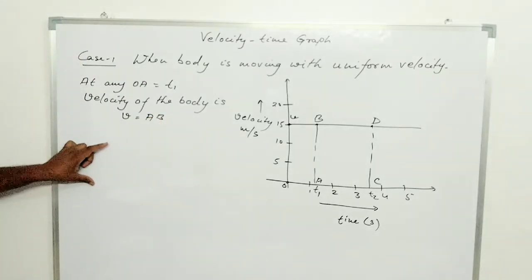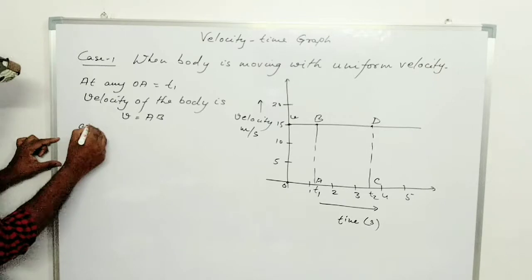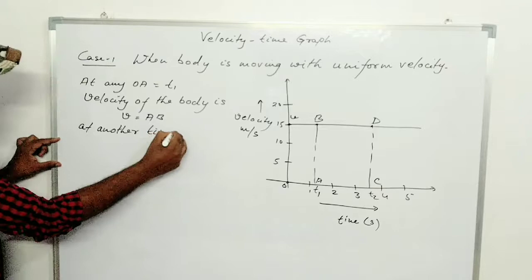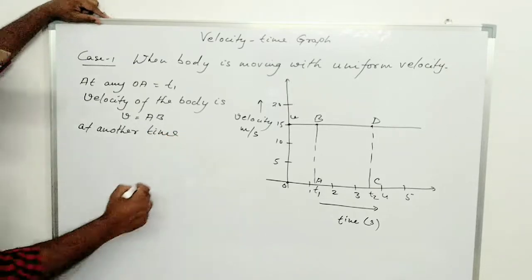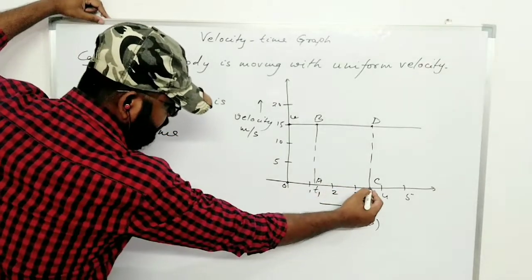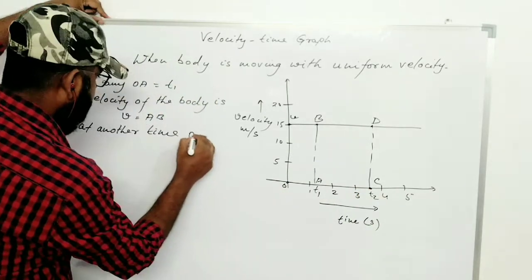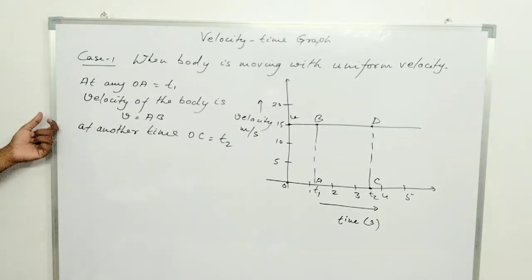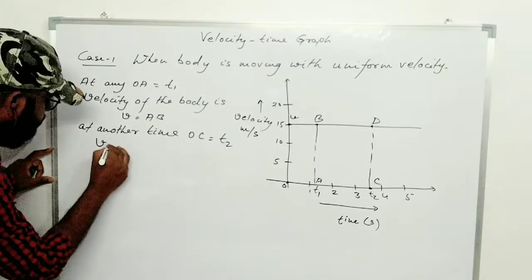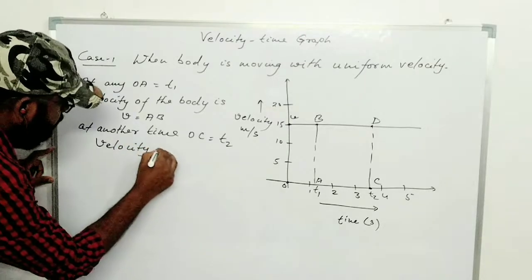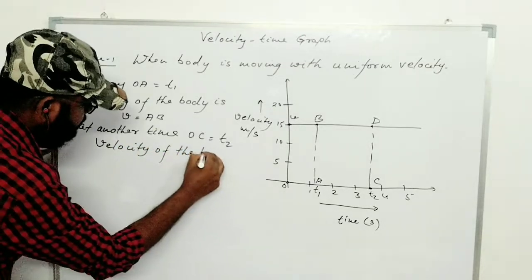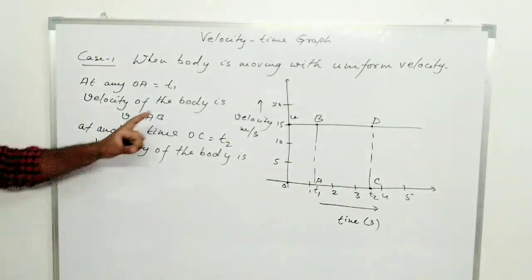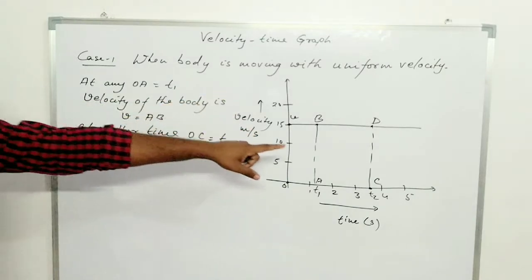Got it? Now, at another time OC, which is equal to T2, the velocity of the body is CT.